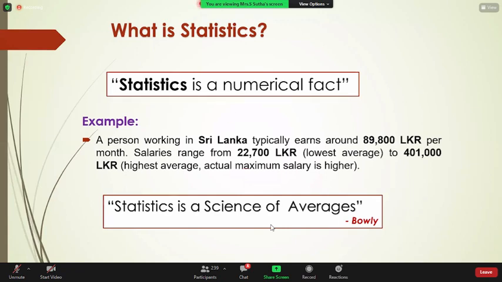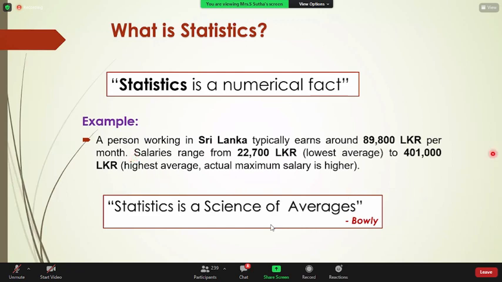Right. So based on this first statement, statistics is a numerical fact. So that is a number. Statistics are numbers. Here I am giving an example statement, and from this we can identify the statistics.